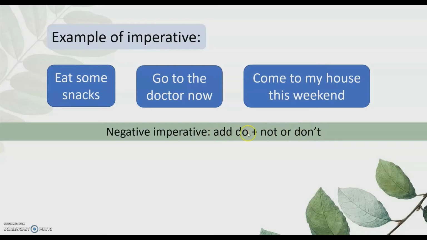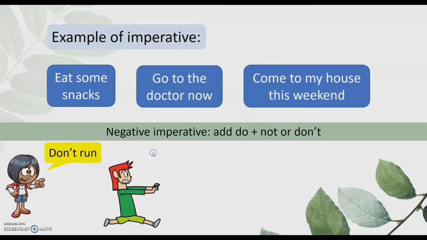For example, here you can see the girl is telling the boy, don't run. If it is positive, the girl will only say run. But for negative, we add don't or do not: don't run.